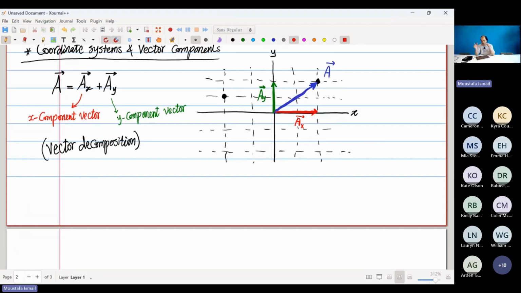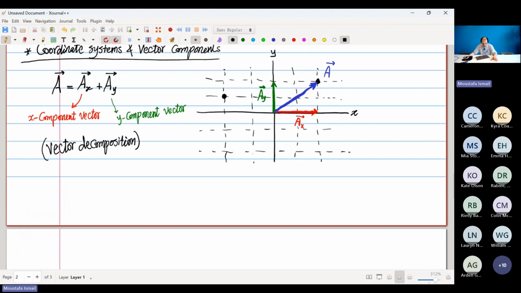It's pointing 2 units along the x-axis, and it's only along the x-axis. So we can define a scalar quantity that tells us the size of the vector, and then encode the fact that it points along the x direction by the subscript or by a unit vector.